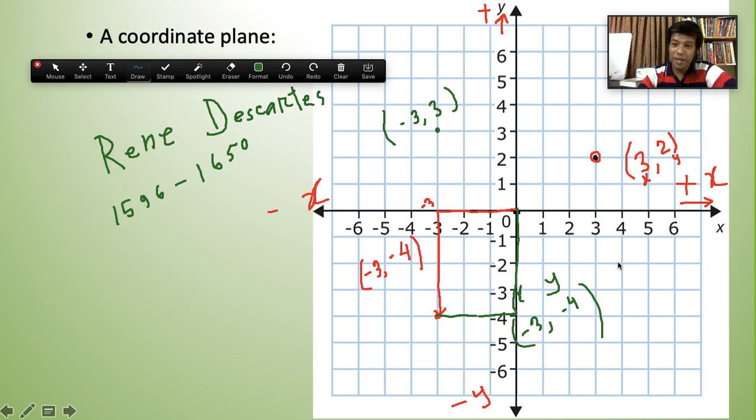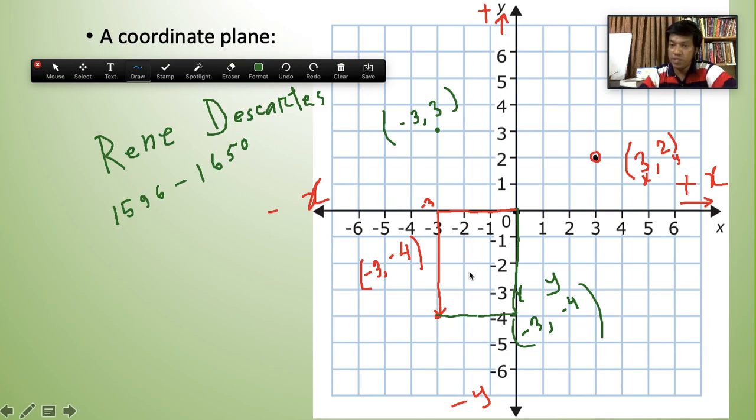Now let me tell you a very important thing about this coordinate system, so that you can appreciate this amazing thing. This coordinate system is super important because it connected algebra and geometry.